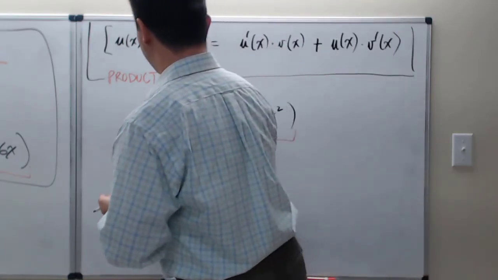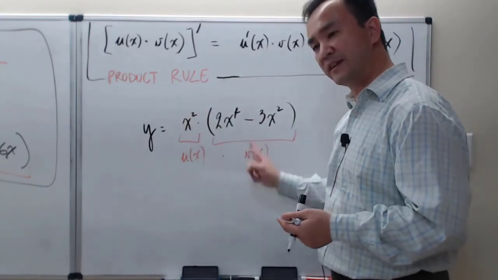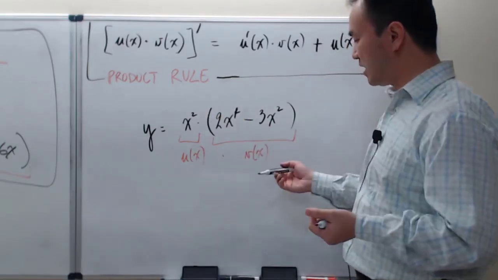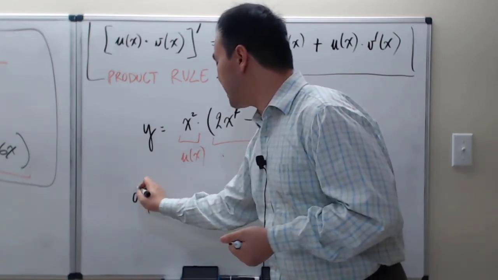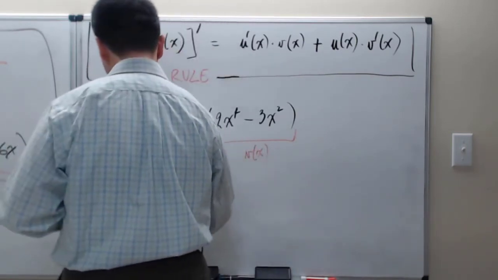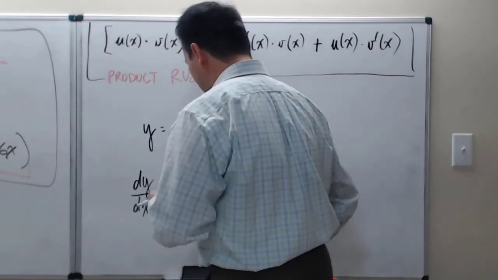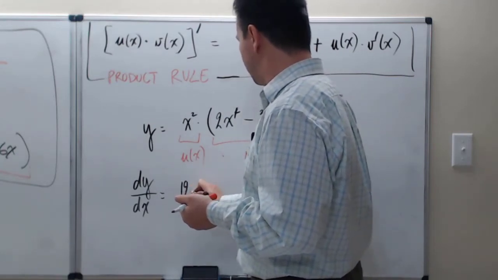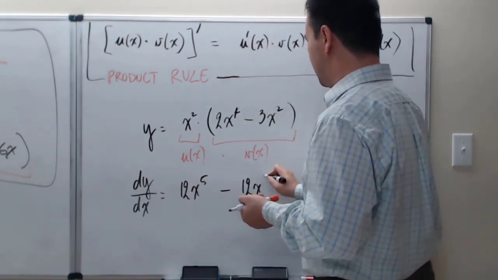So our problem in the beginning was to find the derivative of this function. We already found it: dy dx to be 12x to the fifth, and minus 12x cubed.